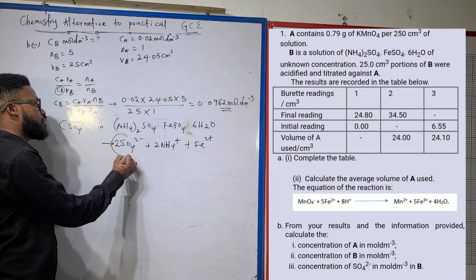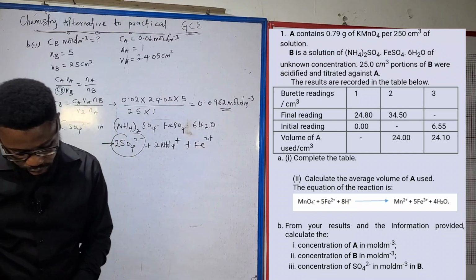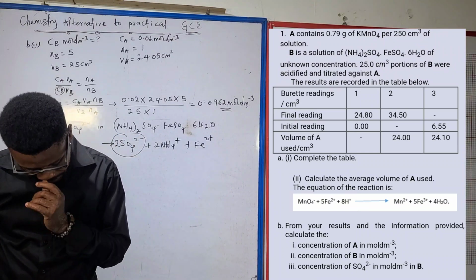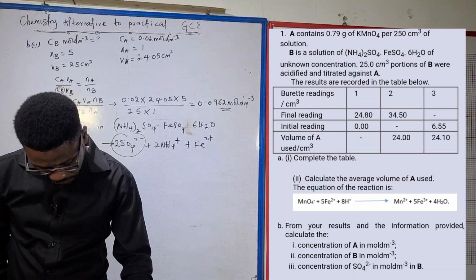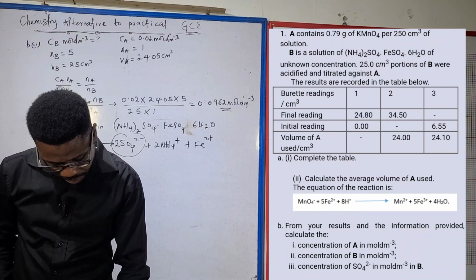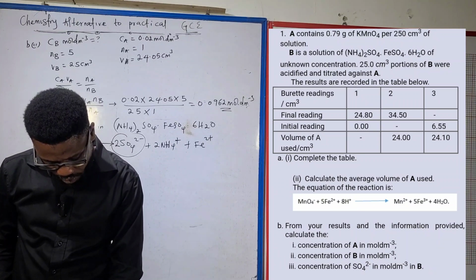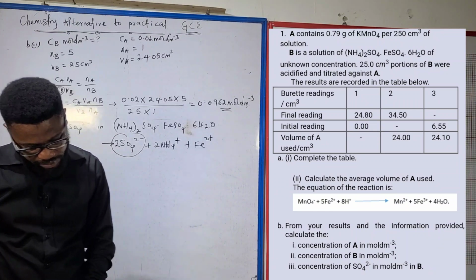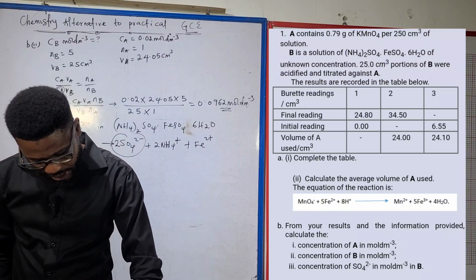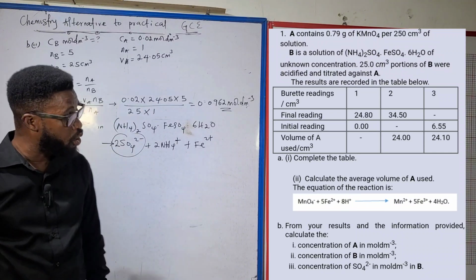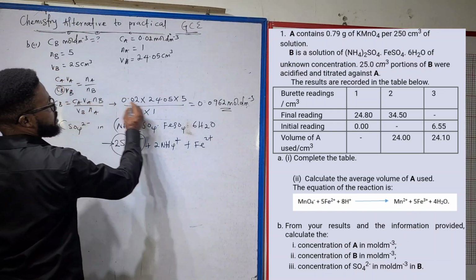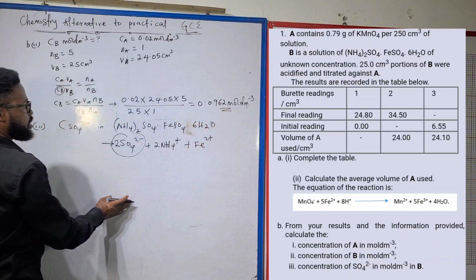But I am looking for the concentration of my sulfate ion. Now, based on what we have calculated before, knowing the concentration Cb in mole per dm cube, that talks about the iron.